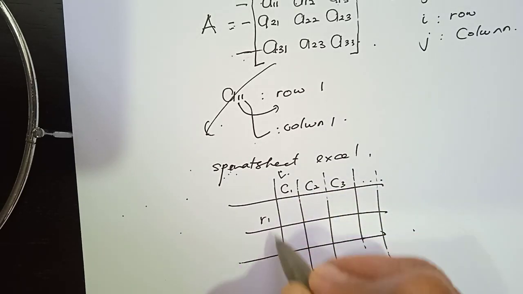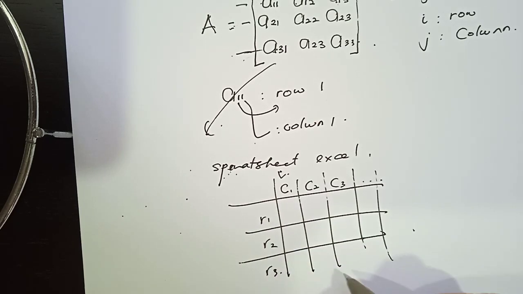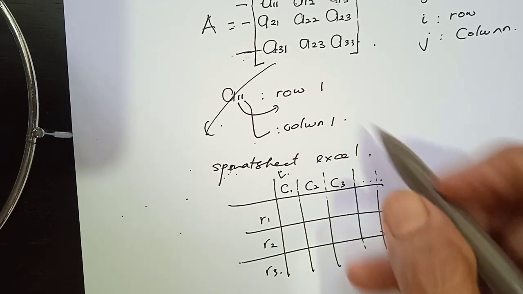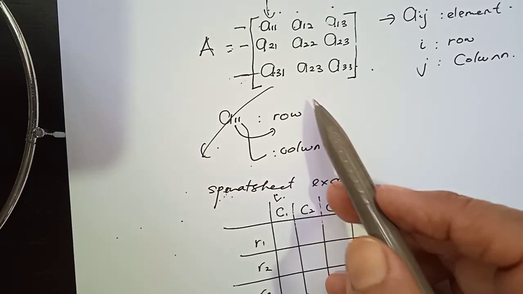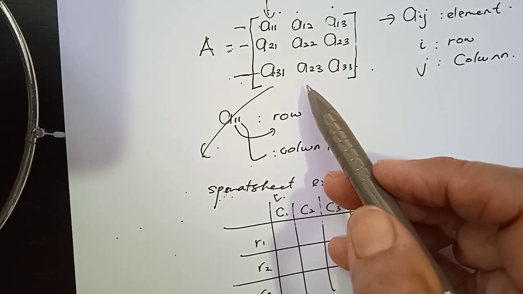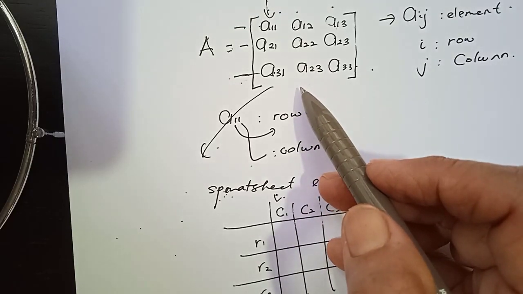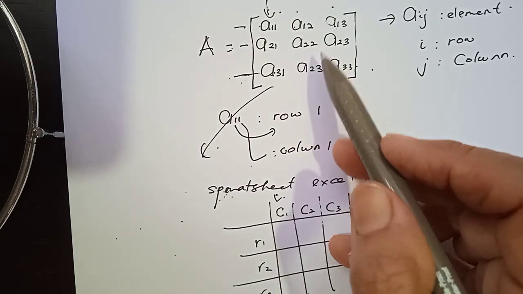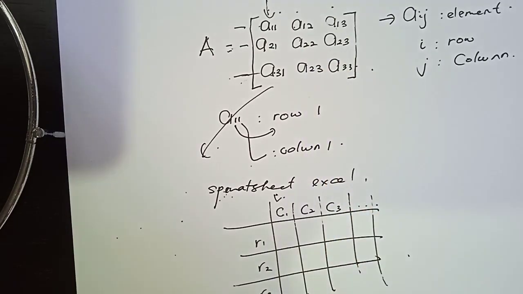Here is row 1, row 2 and row 3 and so on. So this is matrix. This is what we call matrix. It's a collection of data in order placed by row and column.